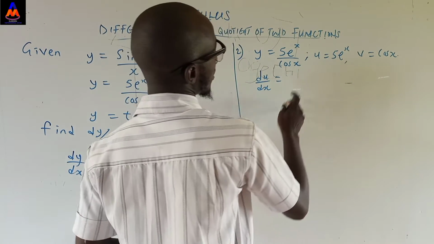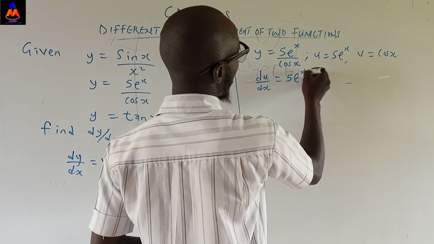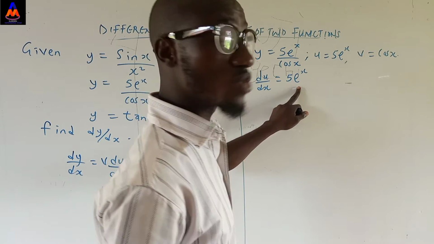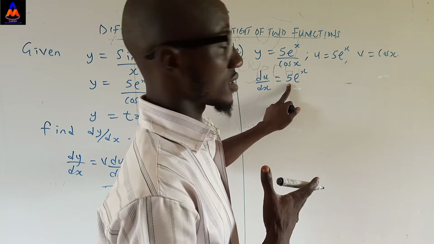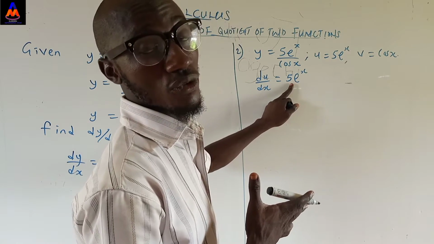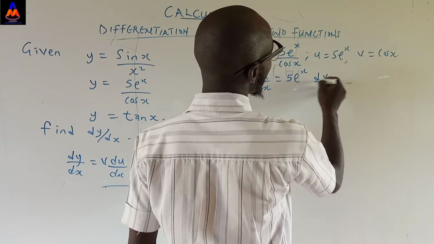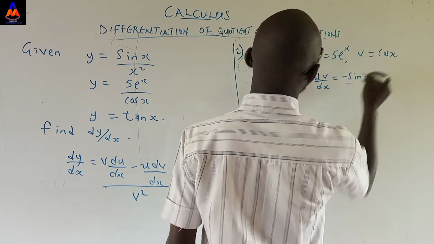Differentiating this with respect to x is still going to give us 5 exponential x, because we talked about differentiation of exponentials and we are not going to go in depth on this, but this is just a constant, so we just write it down as is. So dv/dx is going to be minus sine x.